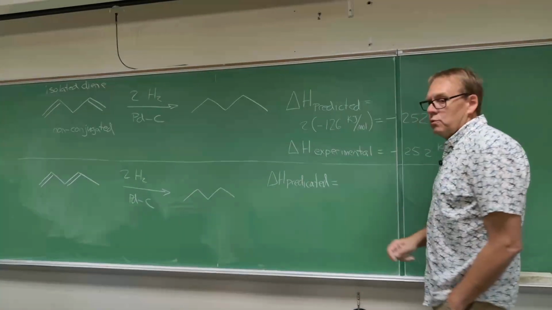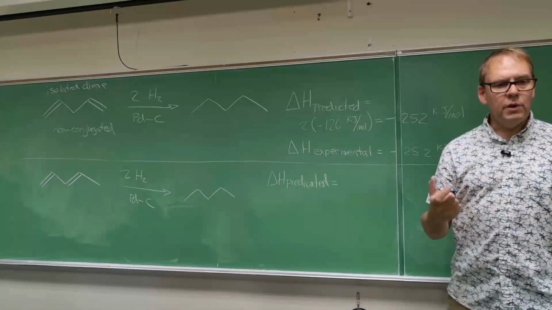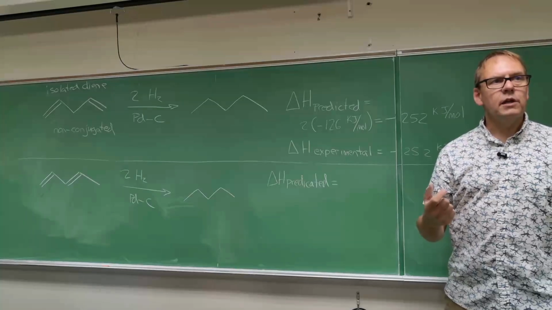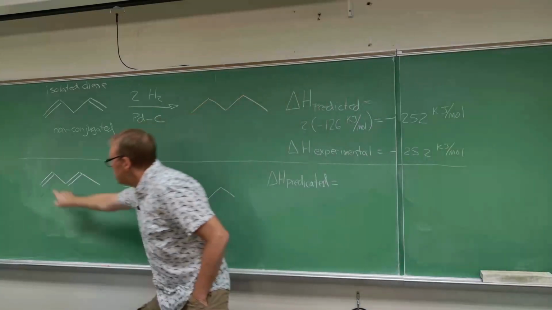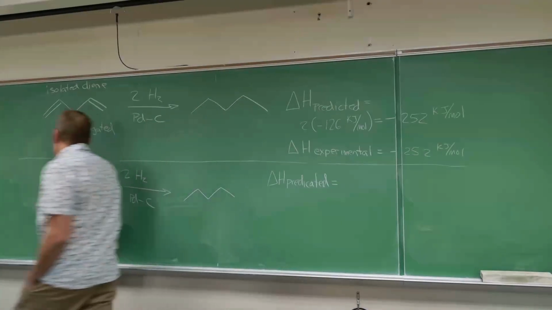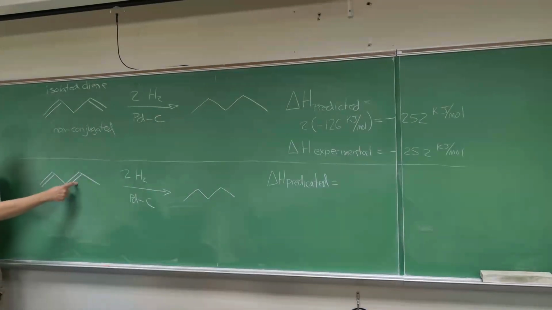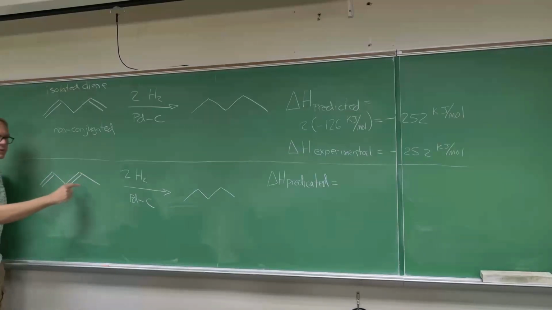which is going to be equal to the sum of the two alkenes that we used for reference on the previous board. Because one of them is a monosubstituted alkene, and one of them is a trans disubstituted alkene. So we have these two different energy values. This was minus 126, this was minus 113.